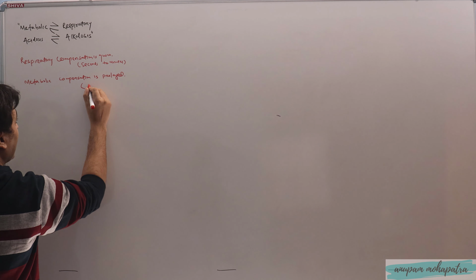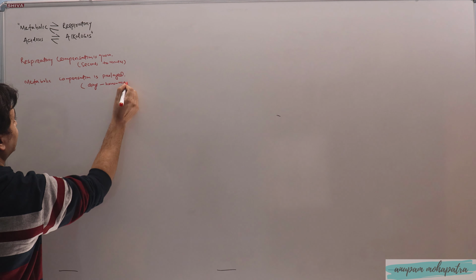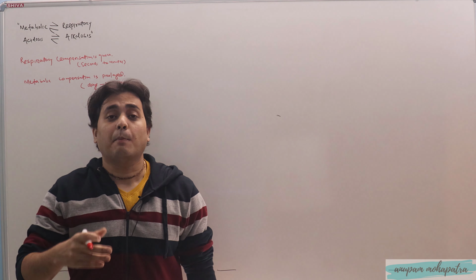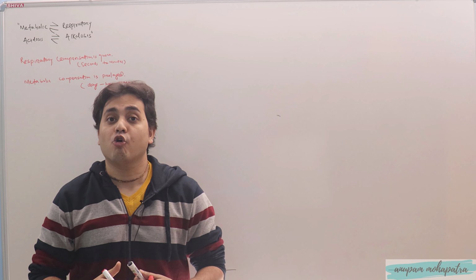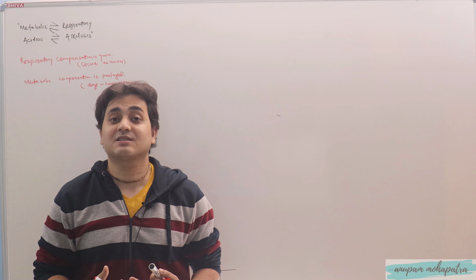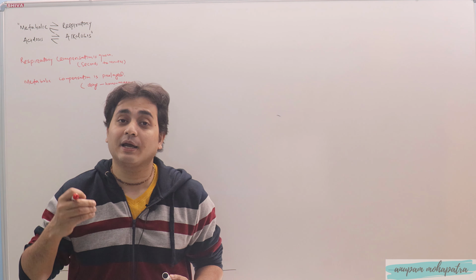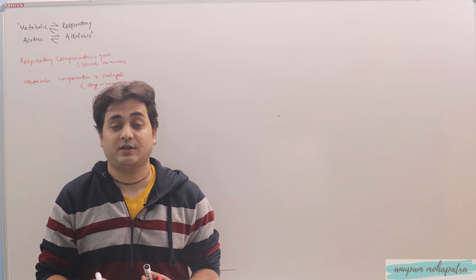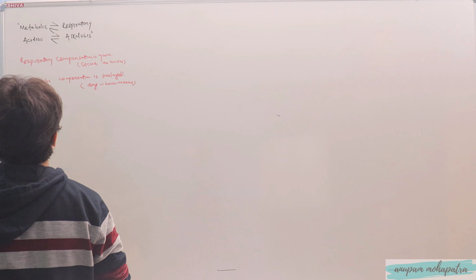It takes hours, days, weeks. Because respiratory compensation has to be done by the lungs, and as you know, we can hyperventilate ourselves all of a sudden. So respiratory compensations are very quick, whereas metabolic compensation takes time because the kidney has to reabsorb bicarbonate. So the kidney will take time, days, weeks, but respiratory compensations are very quick, seconds to minutes to hours.